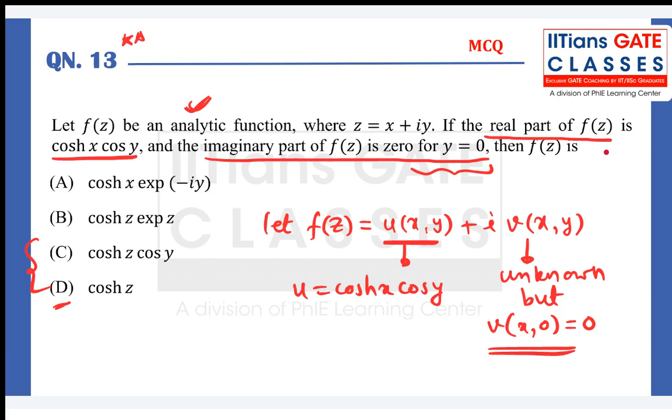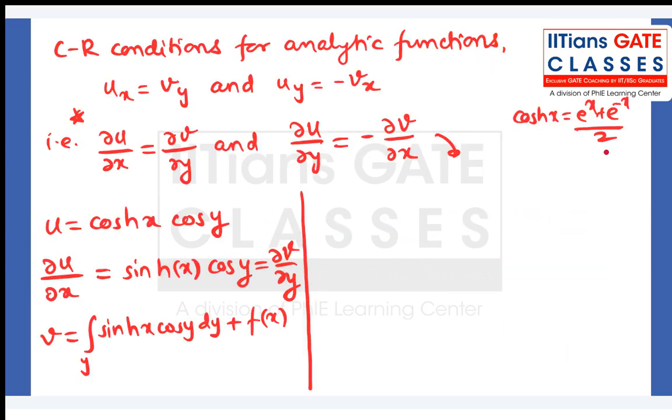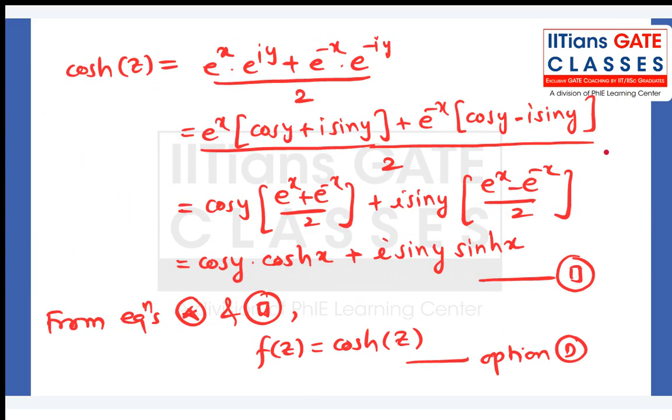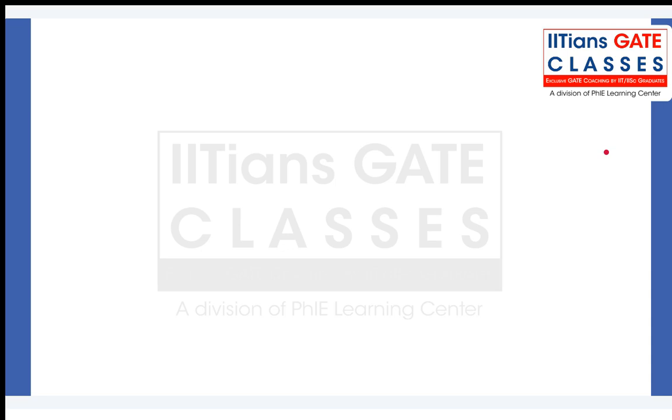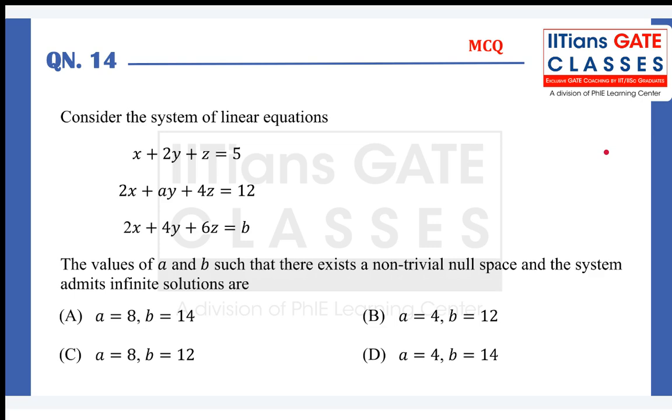It was one of the tough questions, but the answer is option D, and you have a formal derivation like this also. So this was about question number 13, an interesting, difficult one.